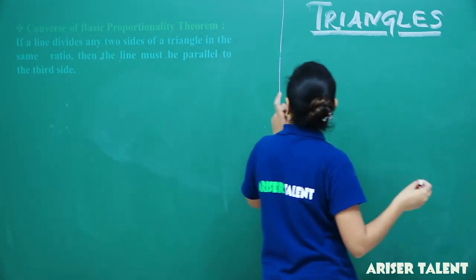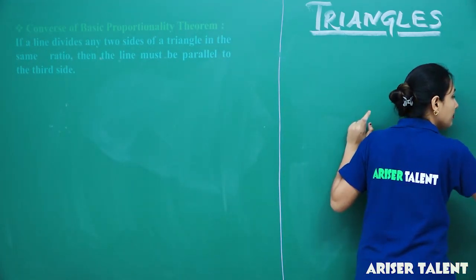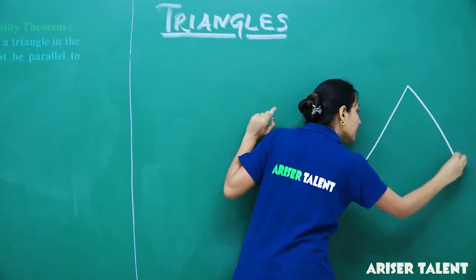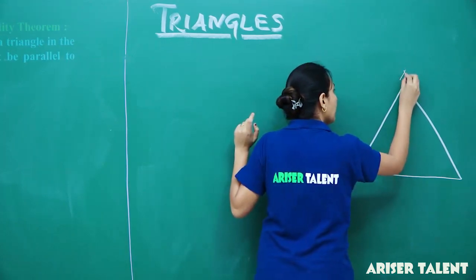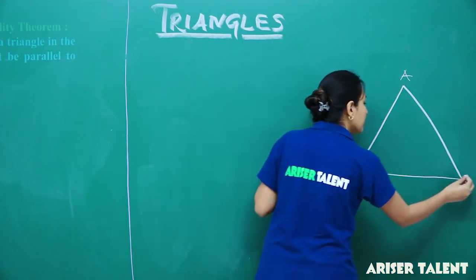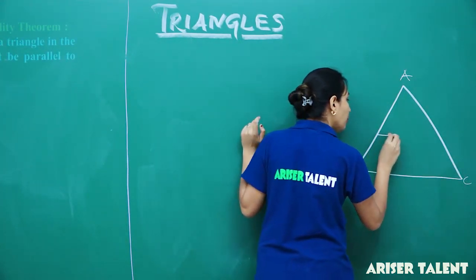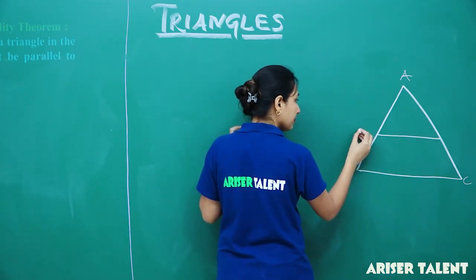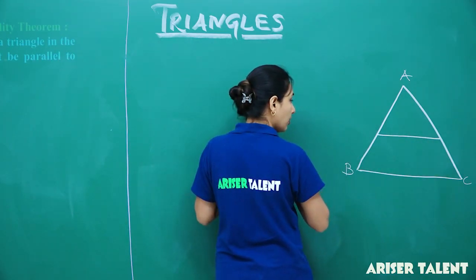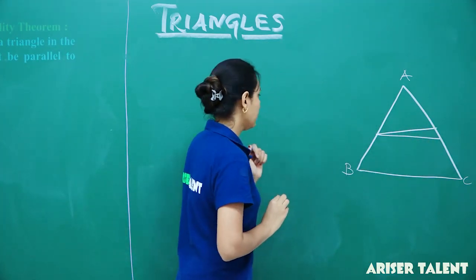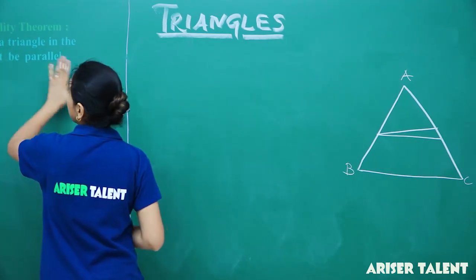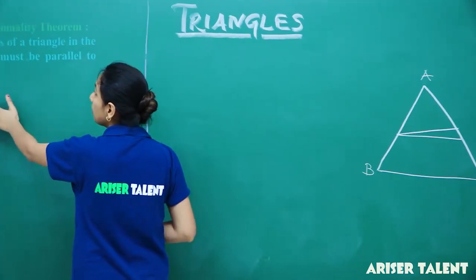If a line divides any two sides, we will have our triangle here, A, B and C. Now, we will have this line. The line must be parallel to the third side.